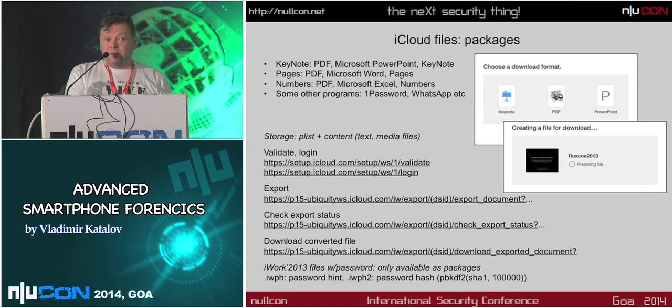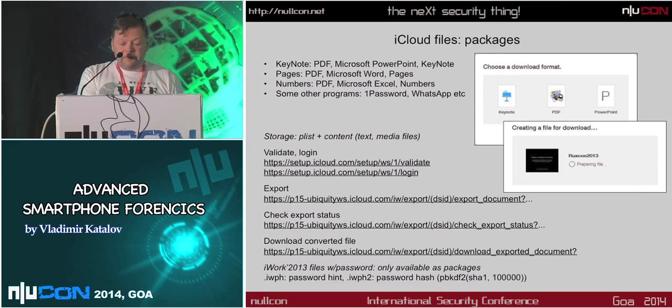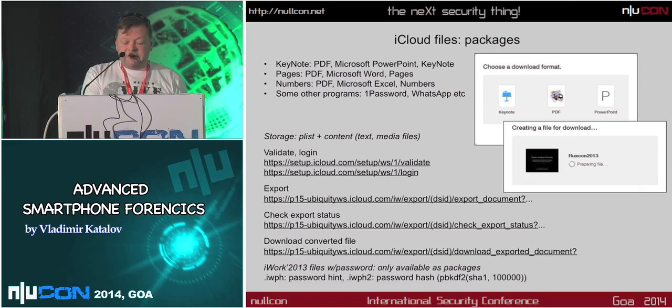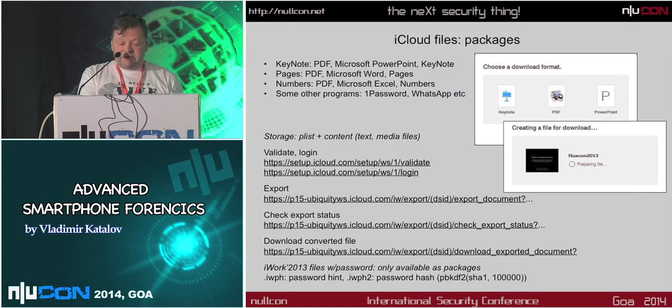For iWork documents, for Keynote, Pages and Numbers, the files are stored in the iCloud not as a single file, but as a package. If you go to iCloud.com and try to download any file stored there in iWork format, you'll be offered two options. You can download in a native format.